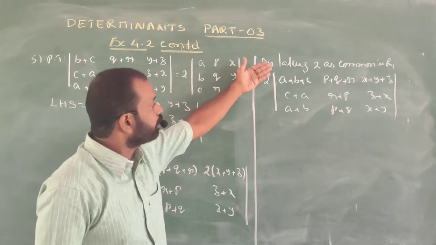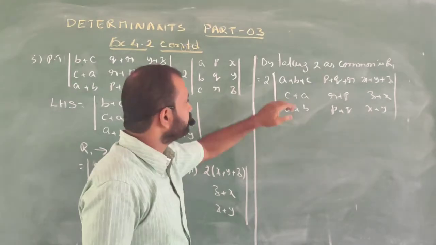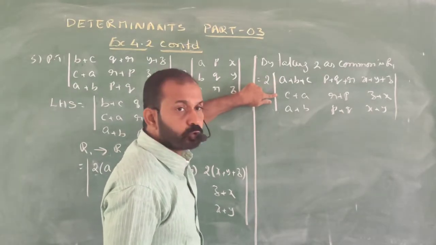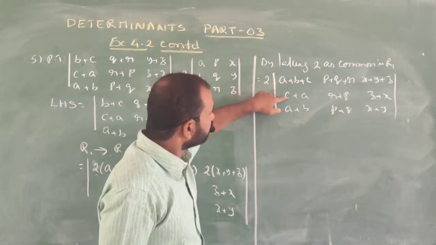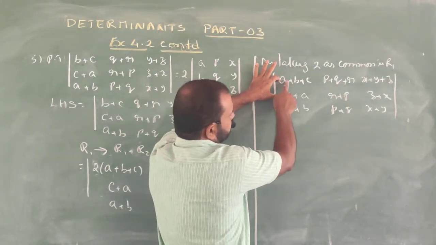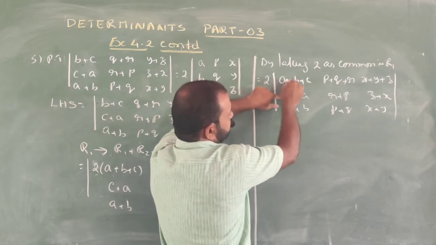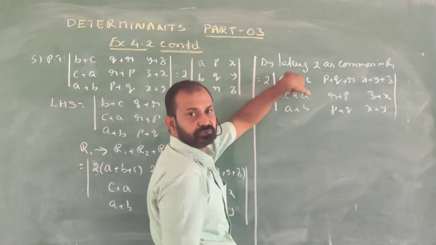But what is the RHS? You have to get the single term. That means you have to do some operations here again. What operations can I do? Now let me see. R2 as R1 minus R2. When R1 minus R2, a plus b plus c minus c minus a, therefore b will be left over.